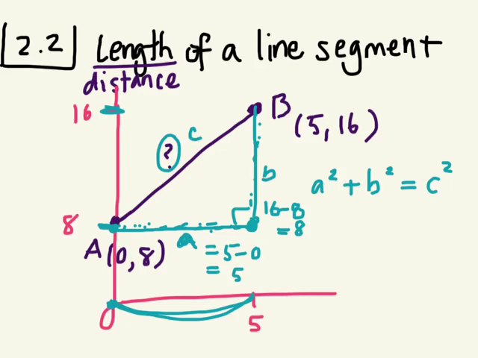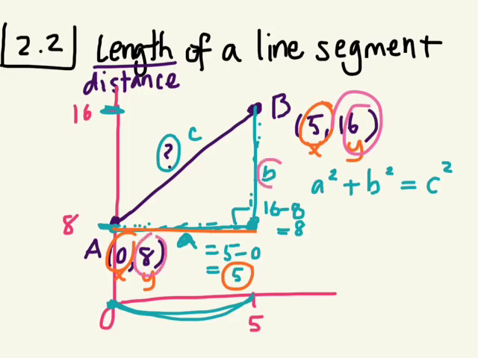Okay, I had two coordinates to start with. I had x and y and x and y. I subtracted my x values to get A, and then I subtracted my y values to get B, right?